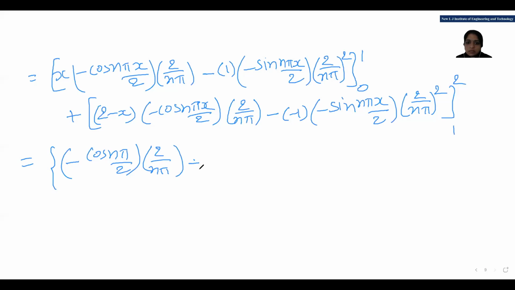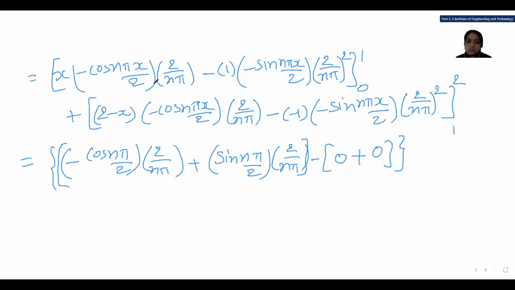So minus minus plus sine n pi by 2 into 2 upon n pi, right? Minus the lower limit, that is 0. Here 0 into anything is 0. So this is the value for the upper limit, and for the lower limit, my first term is 0, minus minus plus sine 0 is again 0. So this is for the first step.